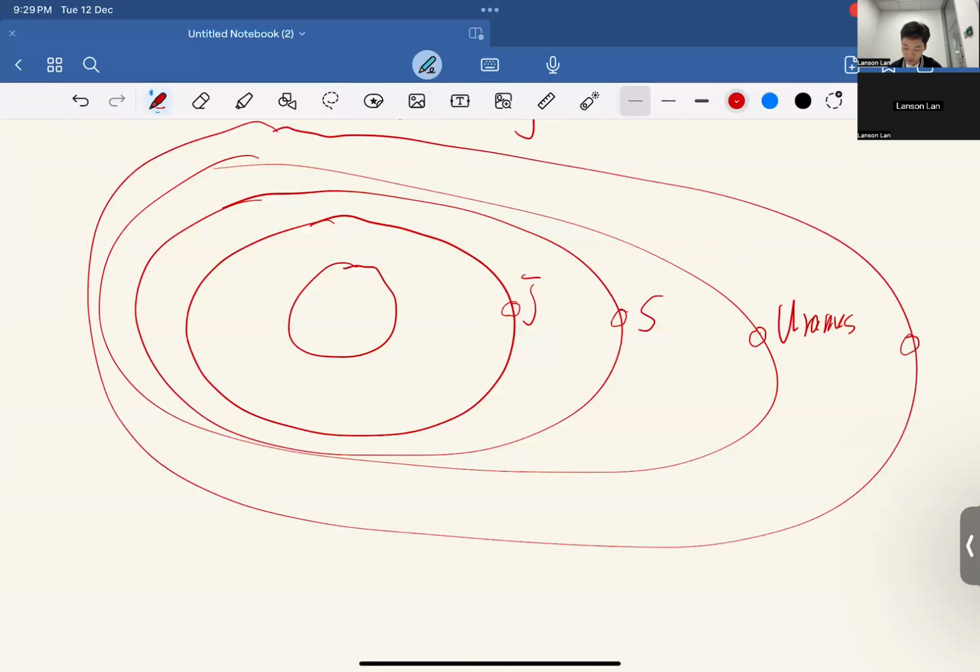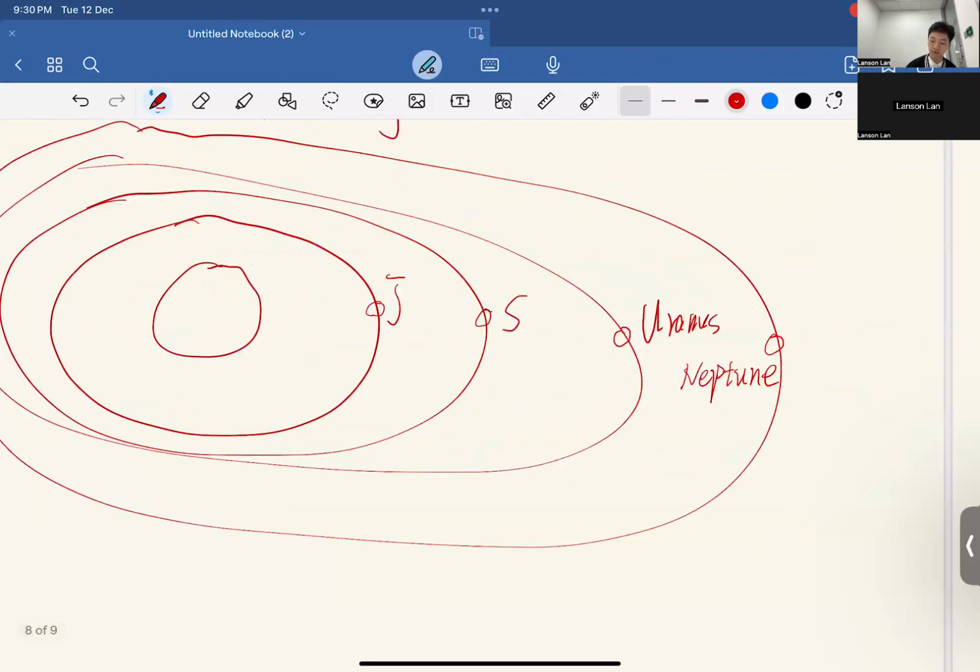So at each of the planets we can have a gravitational slingshot, and it can help our spacecraft speed up and change to the direction we want. And then we can obtain enough energy to fly out of our solar system.